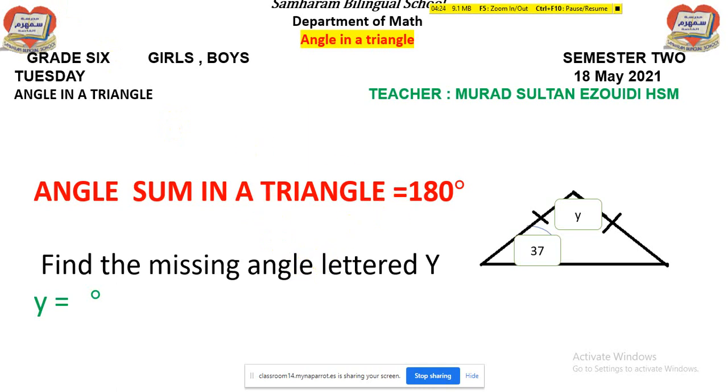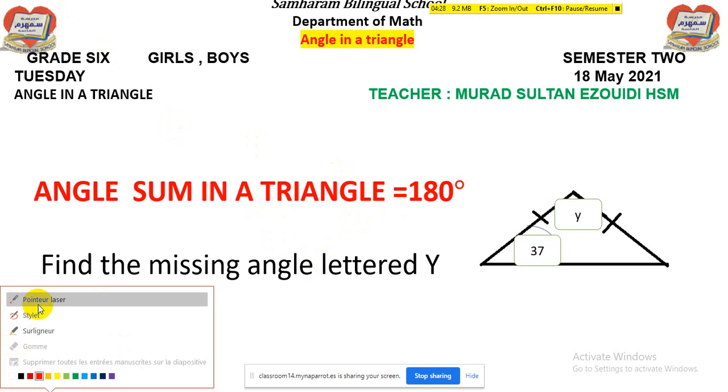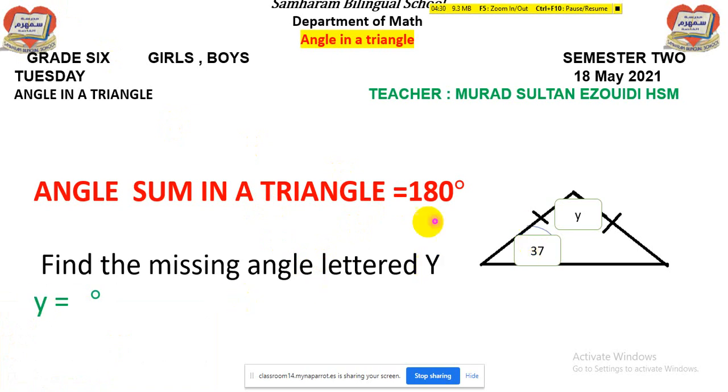So you can see the angle sum in a triangle is always 180. This is a fact you should know. You should focus on this fact, because you can't solve this triangle if you don't know about this fact or about the triangle properties.